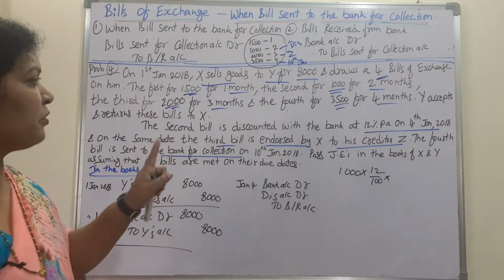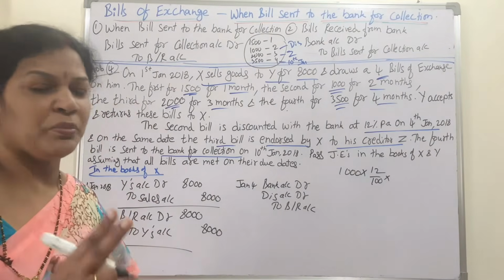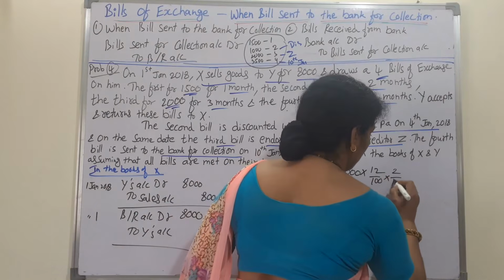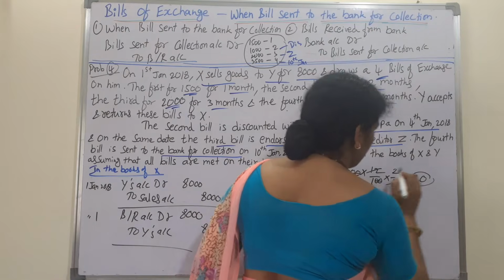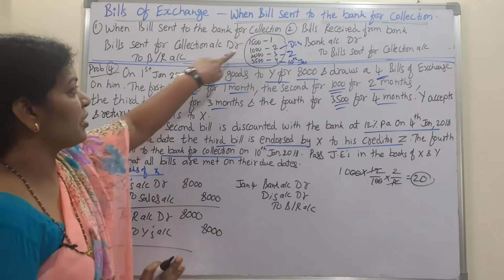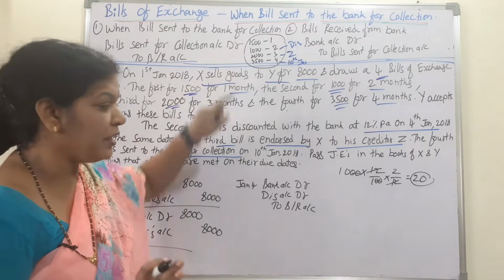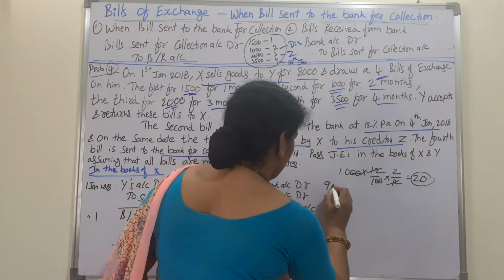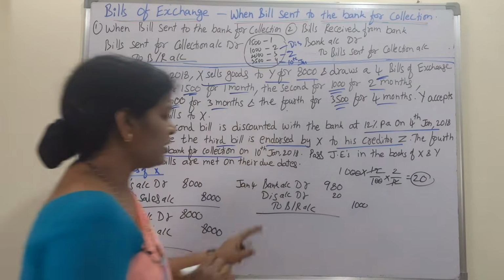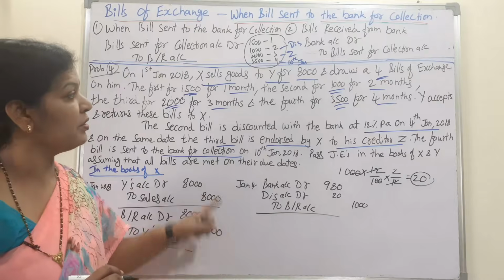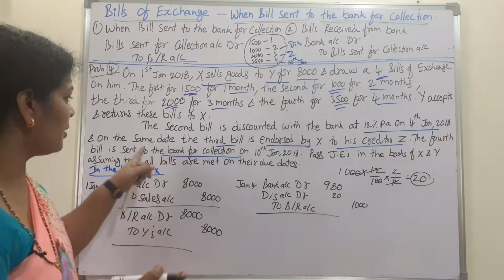It is a 2-month bill, discounted in the same month, so we calculate 2 by 12. It is 20 rupees, the discount amount. Out of 1000, discount is 20 rupees, means 980 is the amount. Bank 980, discount 20, 1000. You write the narration: being bill discounted at the rate of 12%.